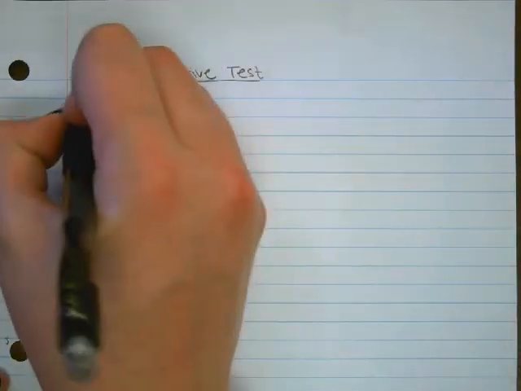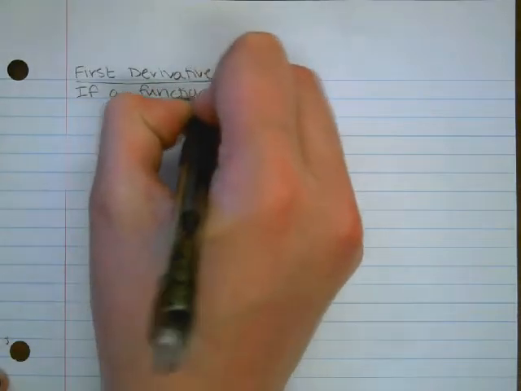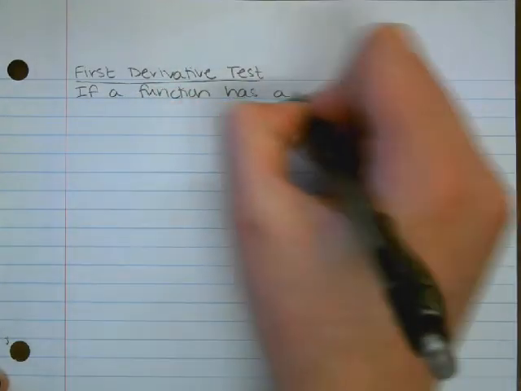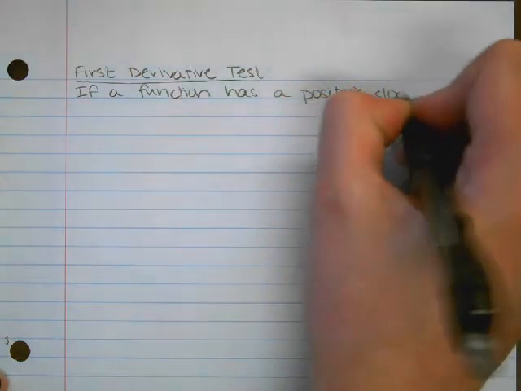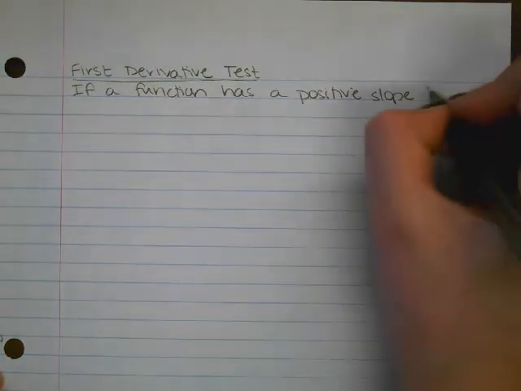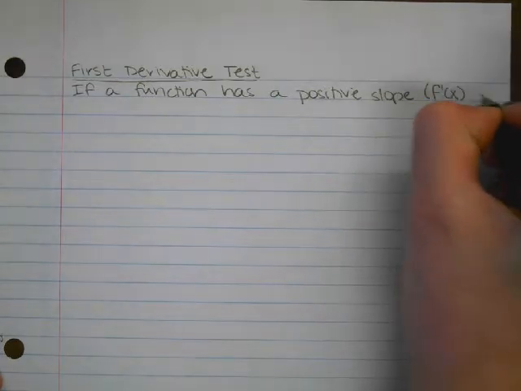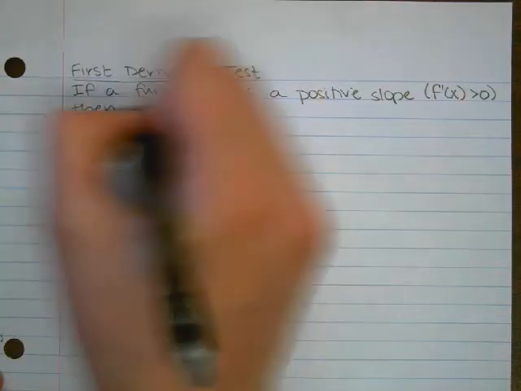So we're going to say if a function has a positive slope, and a positive slope for a graph happens when the derivative is positive, right? When it's evaluated and we get a positive value, and that means f prime of x is greater than 0, then the function is increasing.